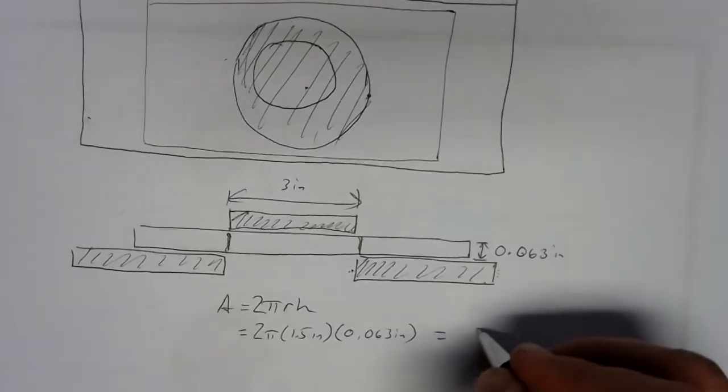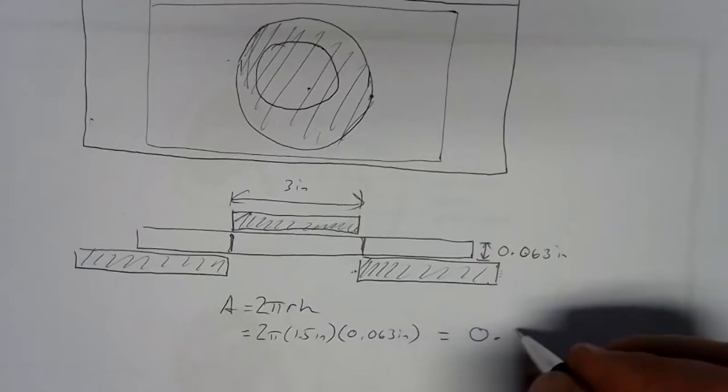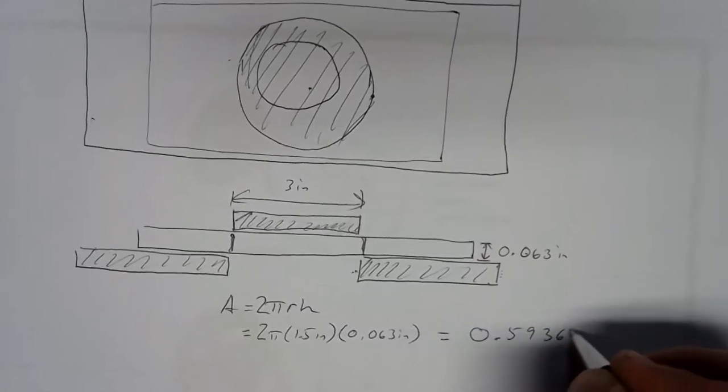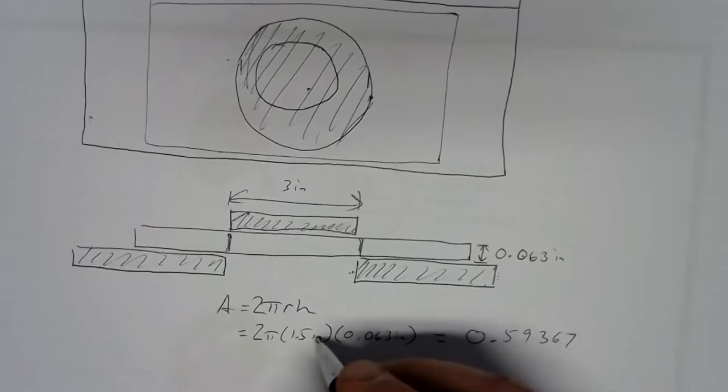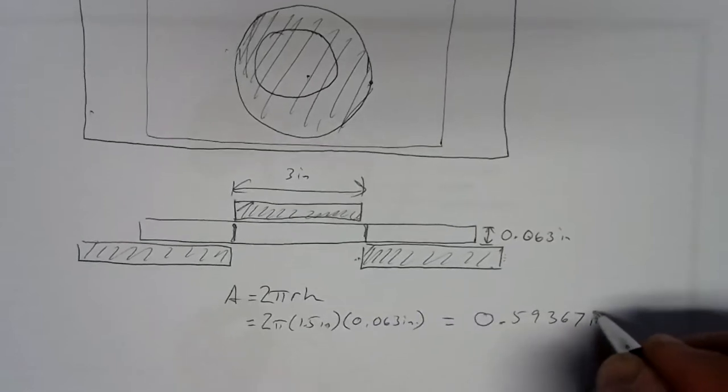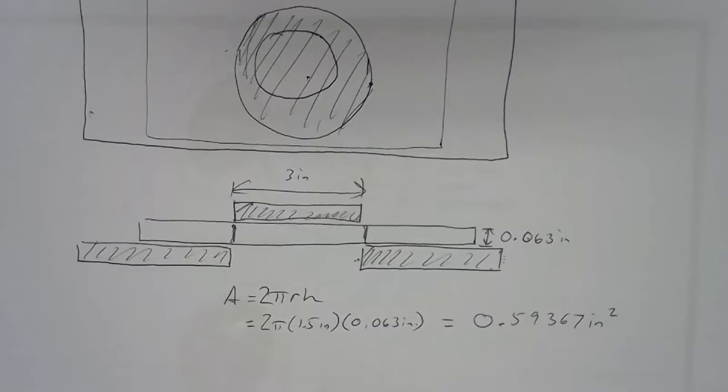So the area comes out to be 0.59367. The units, inches times inches, so square inches. So a little bit more than half a square inch.